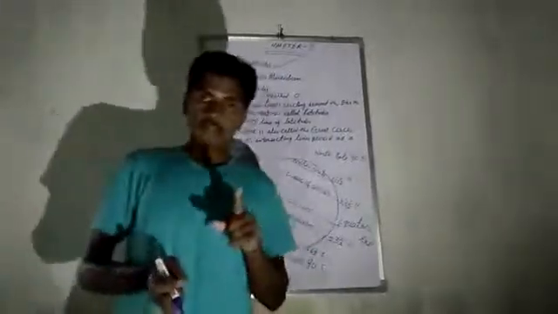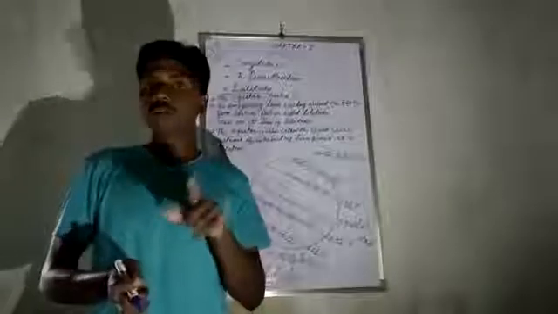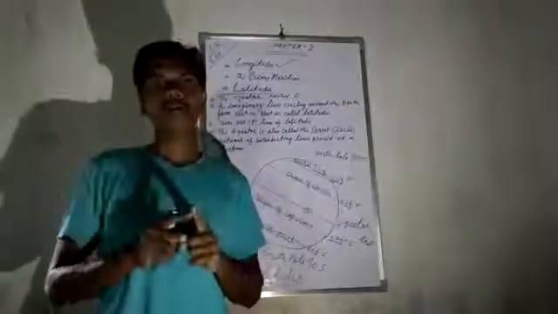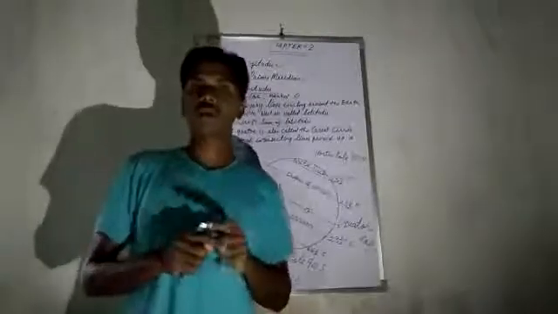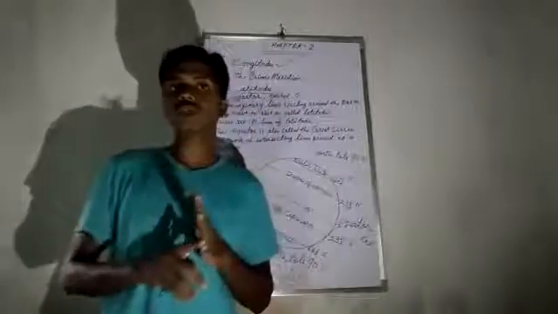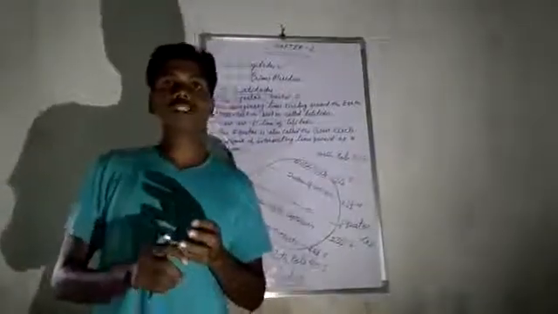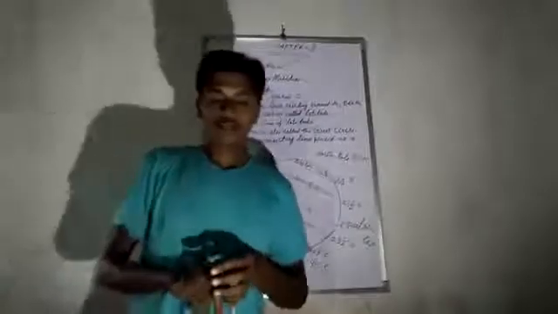The equator divides the world or globe into two equal halves. Who divides the world into two equal parts? The equator.